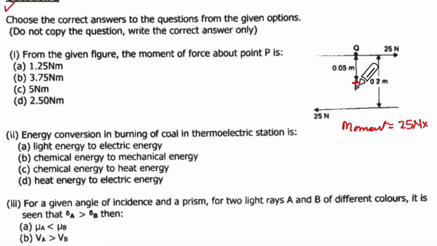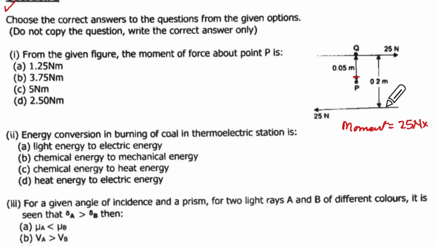So about P means 0.05 meter plus this. One second, I can't see this properly. There are two dots over there for P. There is one dot here.